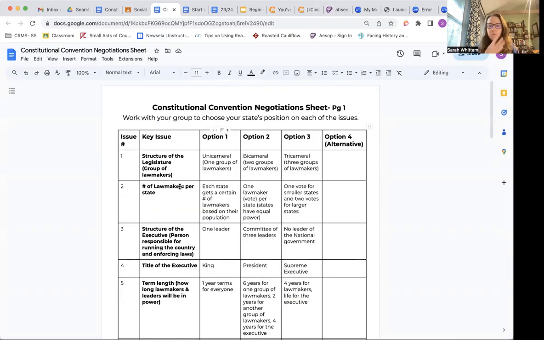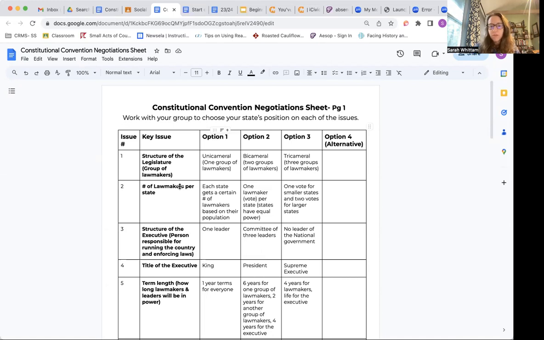So everyone in your group is going to have this negotiation sheet, and you're all going to need to have it filled out because every single person in your group will be part of the negotiations at some point. So everyone in your group is going to need to know what your state or group of states thinks about each of these issues for the negotiation in order to be prepared.